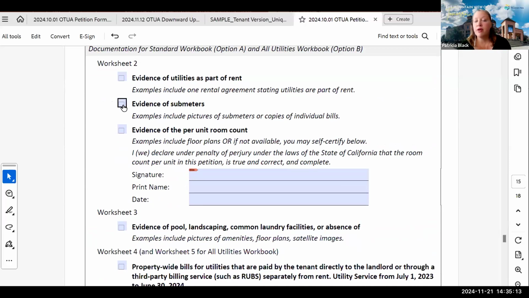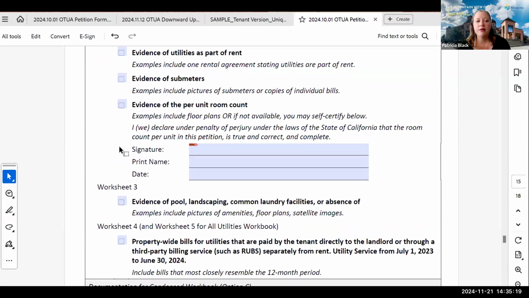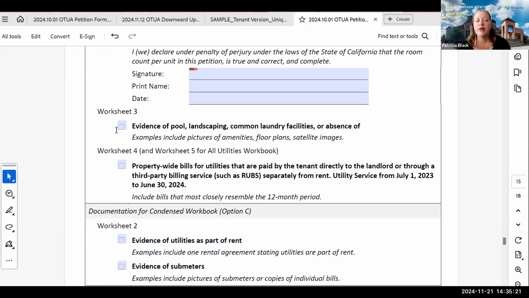You are going to provide evidence of submeters, and you are going to provide evidence of the per unit room count. You are also going to provide evidence of a pool, landscaping, common laundry area facilities, or an absence of those. For instance, you can take a screenshot of a Google Maps satellite image that shows that you don't have a pool on your property. That is sufficient. Or you can take a picture of your pool. That is sufficient as well.